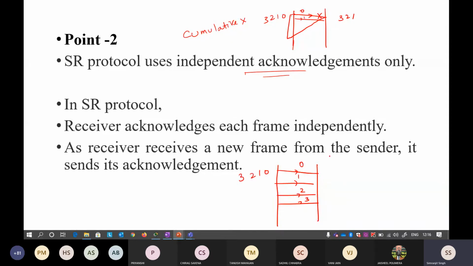Why does it follow independent acknowledgement rather than cumulative acknowledgement? Because if the 0th packet is lost, the other 3 packets are received, but the 0th packet is not. How can you indicate that you haven't received the 0th packet? If you send a cumulative acknowledgement, you will send 4 here.